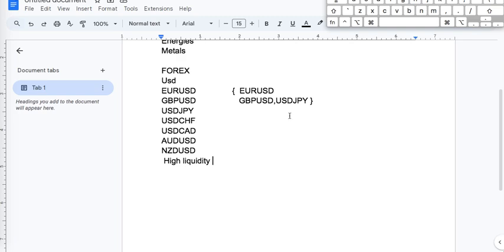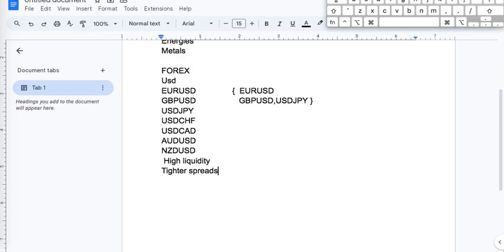We also have another reason, which is these particular pairs have tighter spreads. Let me explain what I mean by tighter spreads.